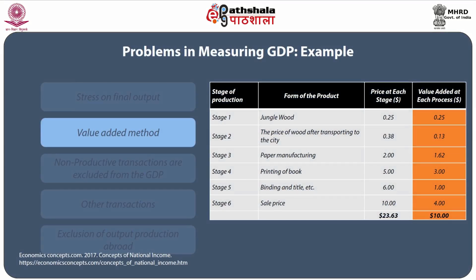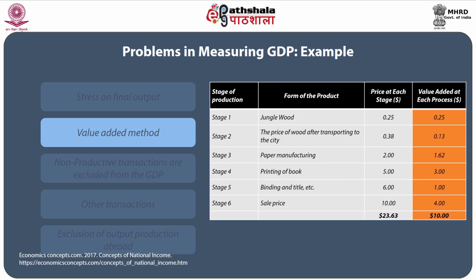The value added at each process will become, at stage 1, 0.25, whereas at stage 2, the difference between stage 2 minus stage 1 of price, if we deduct, will come to 0.13.